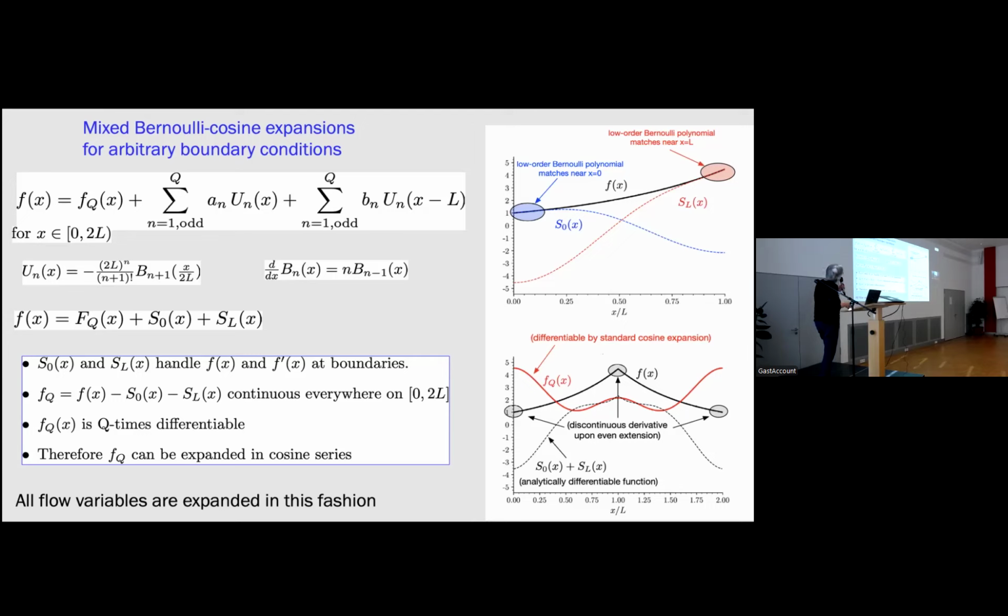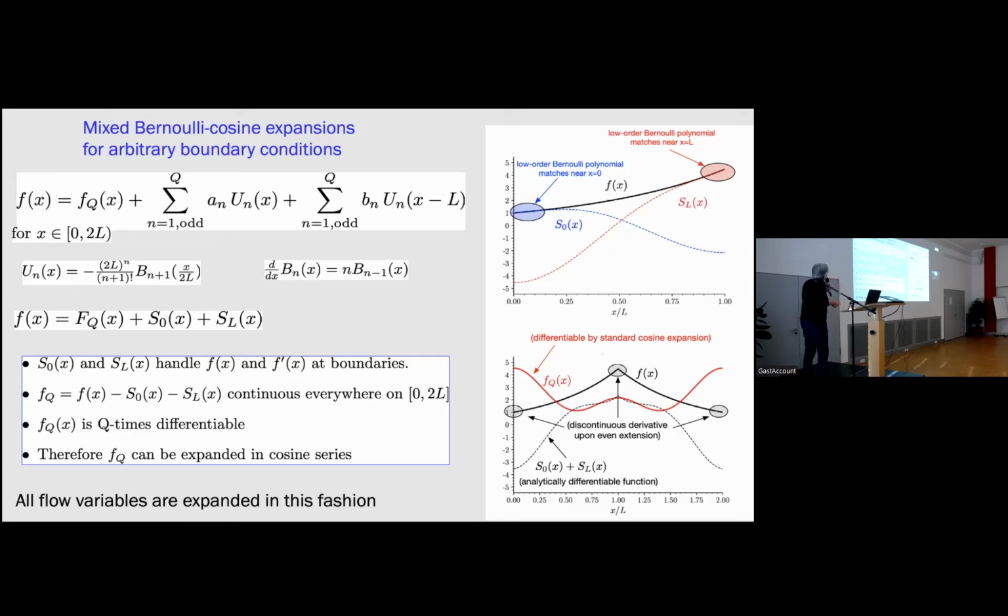And so in one case, so for S0, we make the low order Bernoulli polynomials match the value of a function at 0, and it must have 0 derivatives at the other end. And then we apply the opposite condition at the other end of our domain. Okay, so we match the solution here, and we impose 0 derivatives from S sub L.